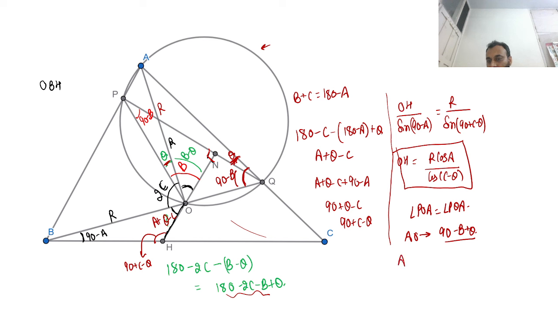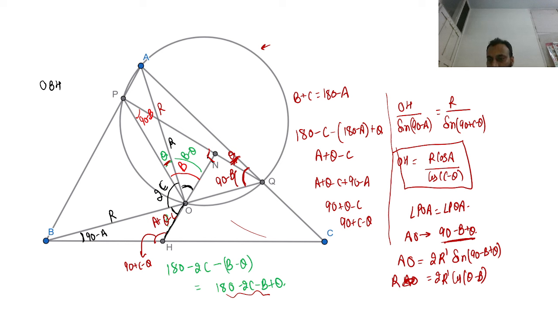Then we know by the formula that AO is equal to 2R dash times the sine of this angle. That becomes 2R dash cos of theta minus B, and AO is basically capital R. So capital R is 2R dash cos of theta minus B.